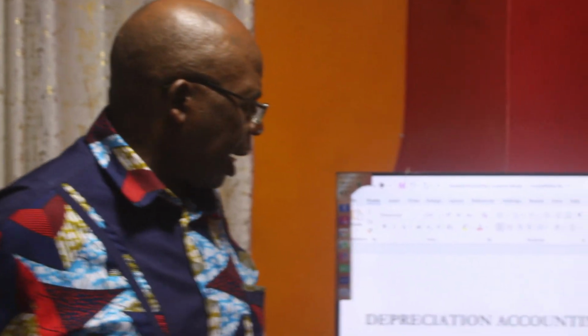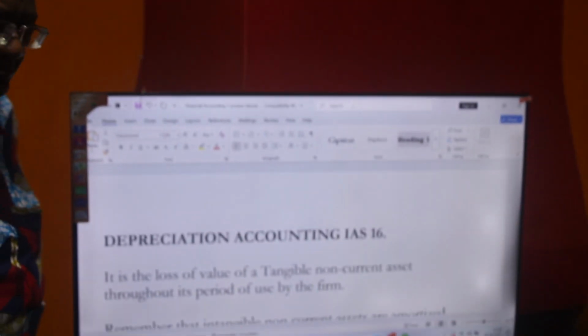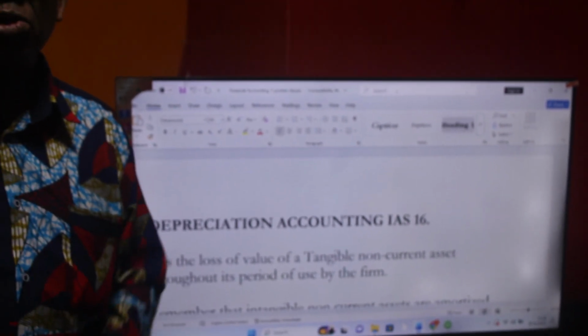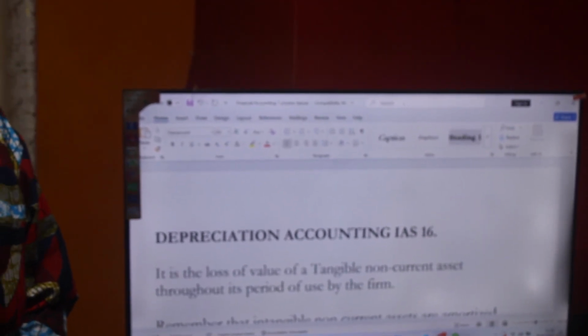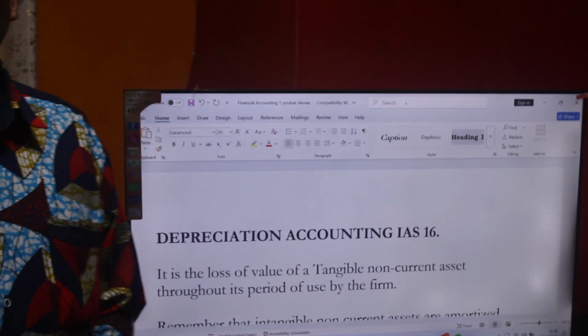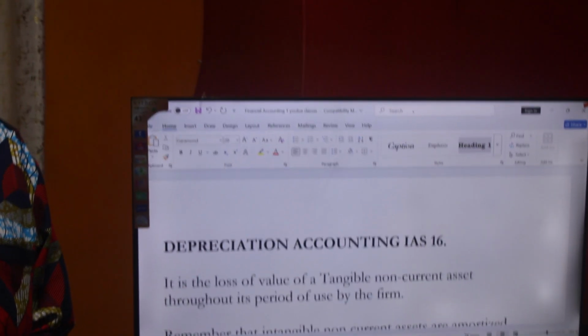We studied that in line with International Accounting Standard 16, which deals with property, plant, and equipment. Accounting for property, plant, and equipment. You definitely need to realize that non-current assets are majorly of two types.